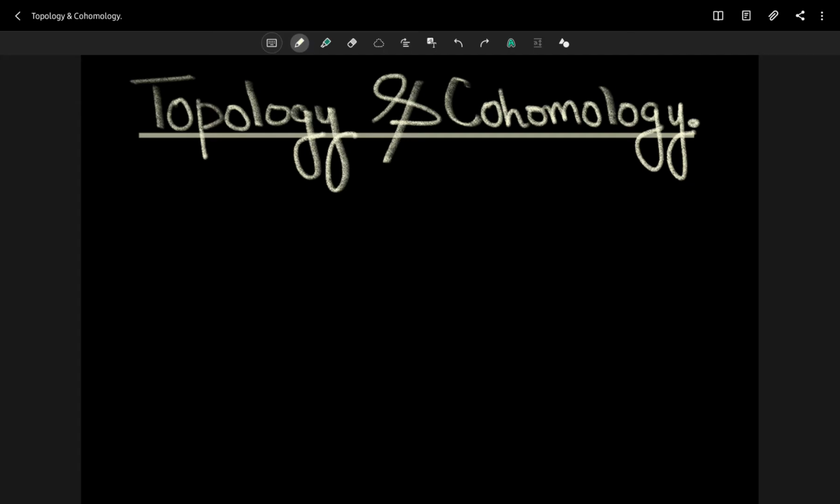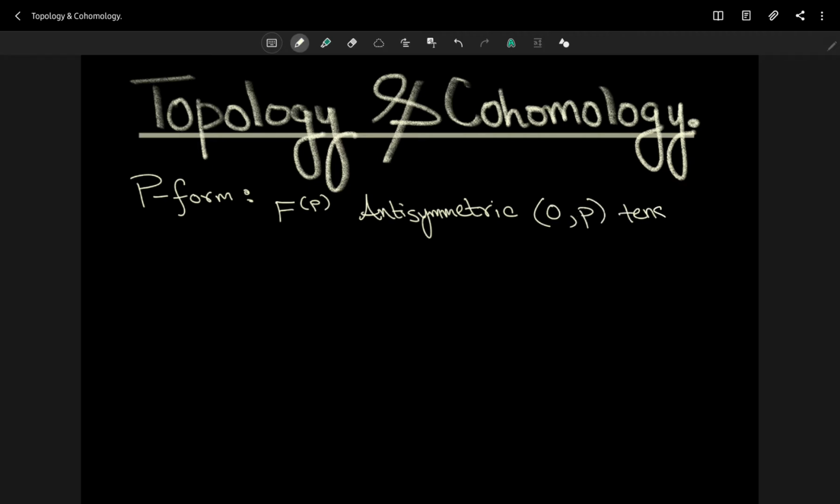So we are going to need from differential forms, recall that a P form, written as some F_p, is a totally antisymmetric (0, P) tensor, right?